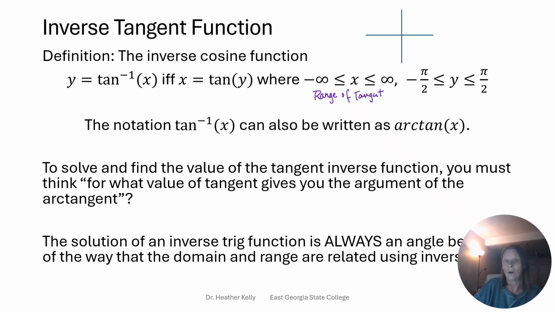And here our range of the arctangent is these two quadrants, quadrant 1 and quadrant 4. So this is the same as sine. Okay. All right, again, the notation's the same. Again, how we figure it out is the same. All of the rest of this information, the same.